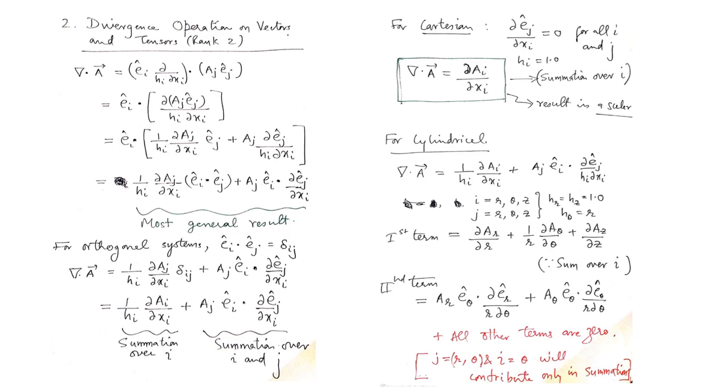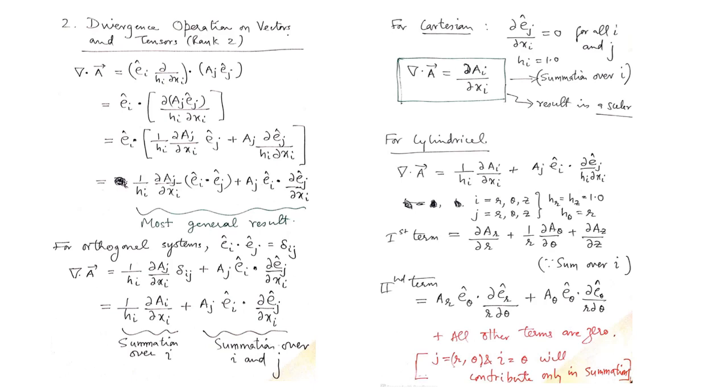On the right we don't see any unit vector, so we simply say del a_i del x_i, which is del a1 over del x1 plus del a2 del x2 plus del a3 del x3, these three getting summed up.